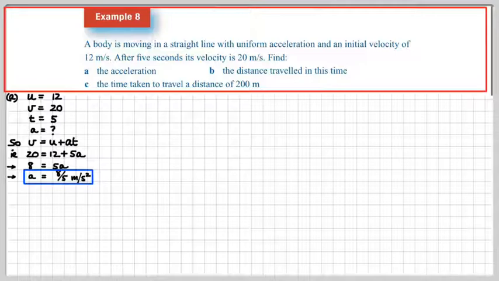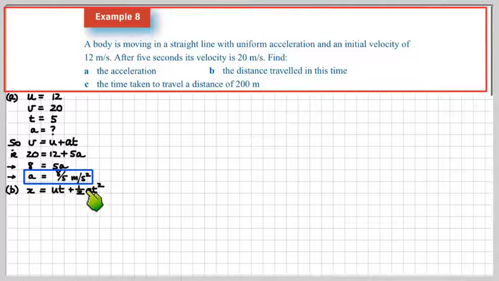Now we want the distance travelled in this time. Okay, that'll be the displacement. Because a is constant, and a is 8 over 5, displacement will be the same as distance in this scenario. There's no change of direction happening here. Now, what do we got? The displacement x equals ut plus half at squared.